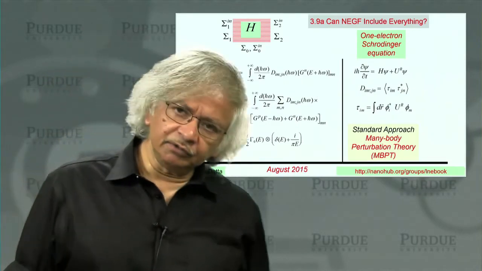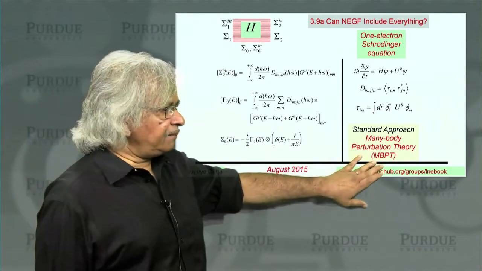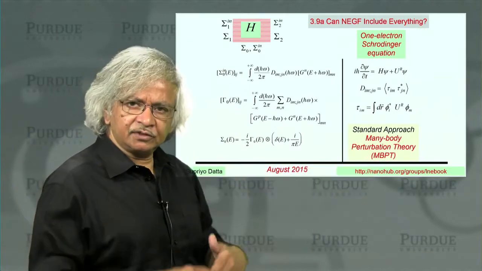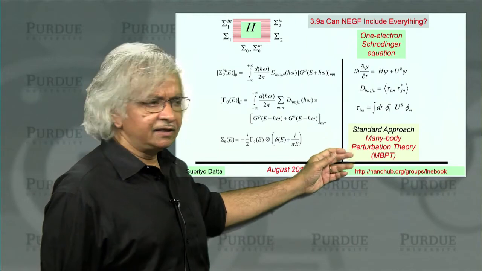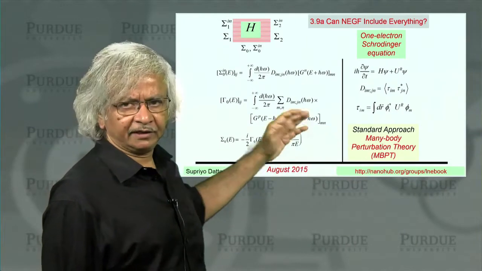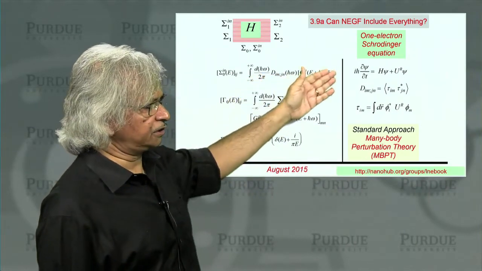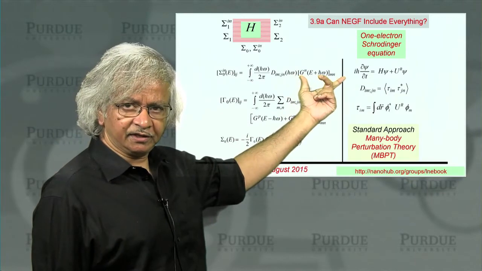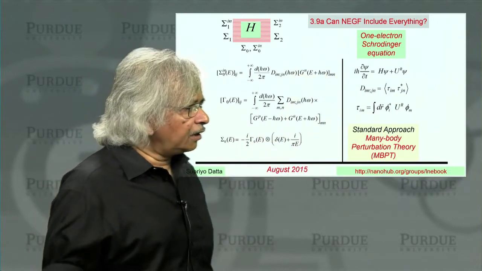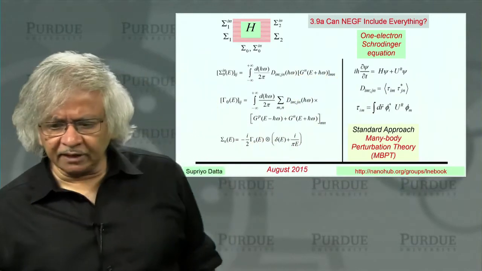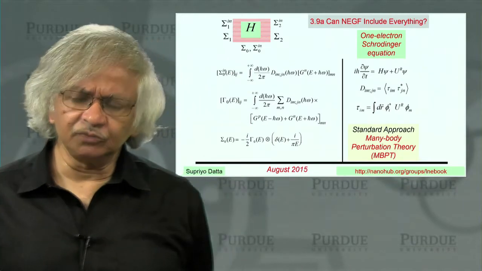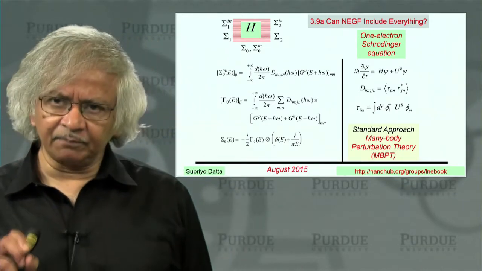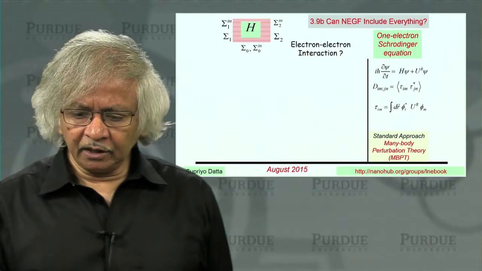So how would you include that? Well, again, many-body perturbation theory gives you a systematic way of doing that. It's just that it's fairly complicated. It would involve higher order terms with multiple g's in here. And that is something that one could use, although I haven't seen too many concrete problems worked out that way.